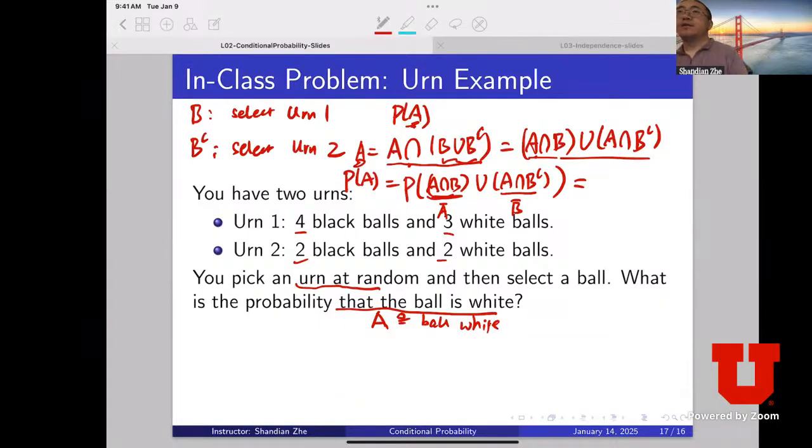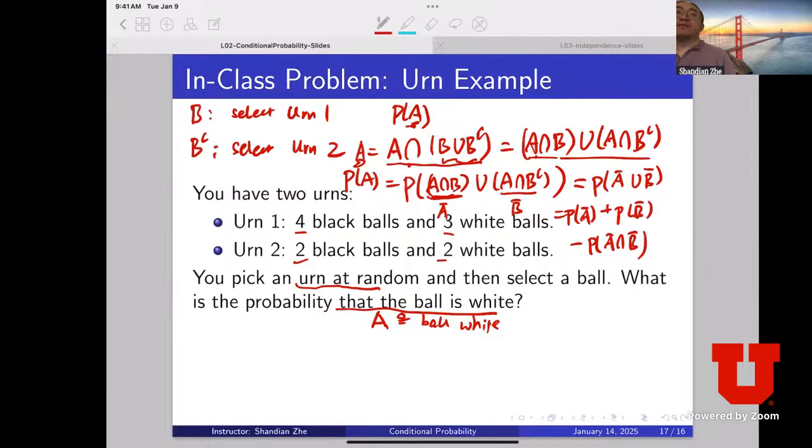Applying the inclusion exclusion rule, this is the probability of A bar plus the probability of B bar, subtracted by the probability of the intersection of A bar and B bar.